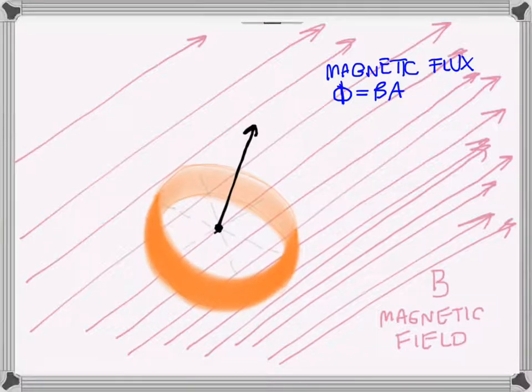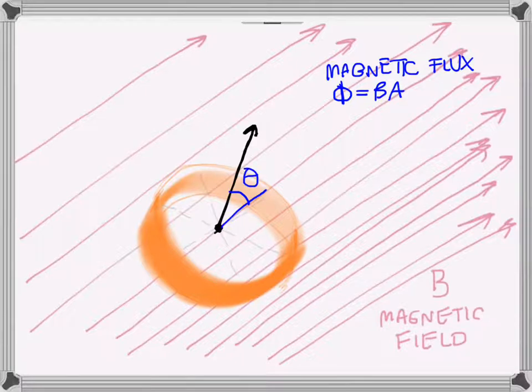So we could also introduce the idea of this angle, between the axle, if that was a bike wheel, the axis of the loop, and the magnetic field. That angle will partly determine the amount of field that goes through the loop, or my magnetic flux.